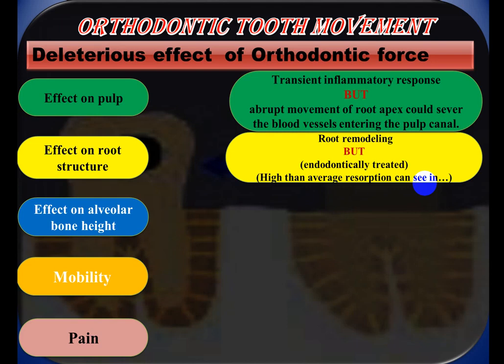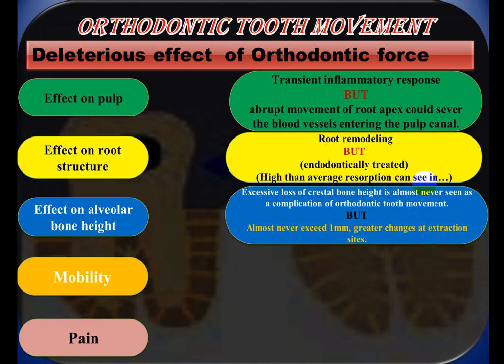Now, what about the alveolar bone height? About the alveolar bone height, any excessive loss of the crestal bone height is never seen as a complication of orthodontic tooth movement.